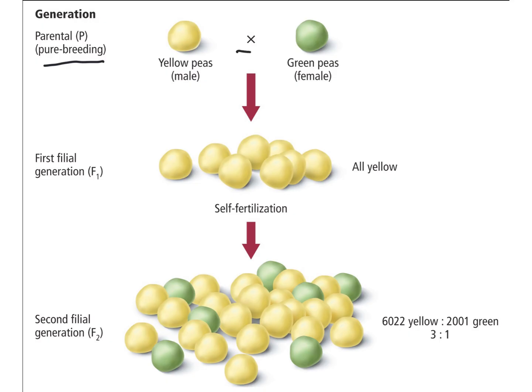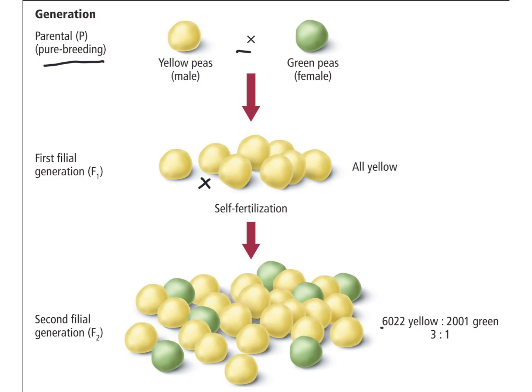And filial means offspring. So the first set of offspring, the F1 generation, turned out to be all yellow, 100% yellow. Then he allowed two of these to self-pollinate, and then they self-fertilized. And the second generation, the F2 generation, ended up providing lots of yellow peas and a few green.